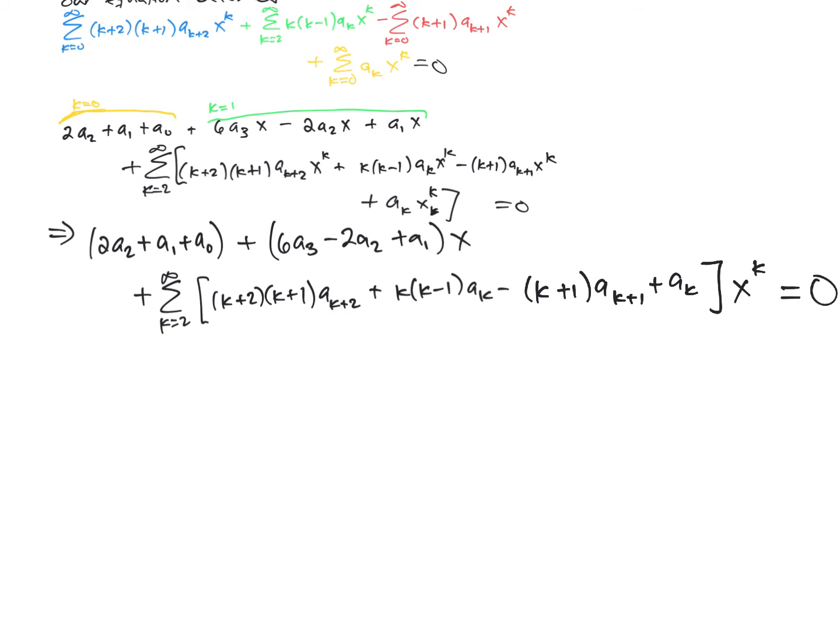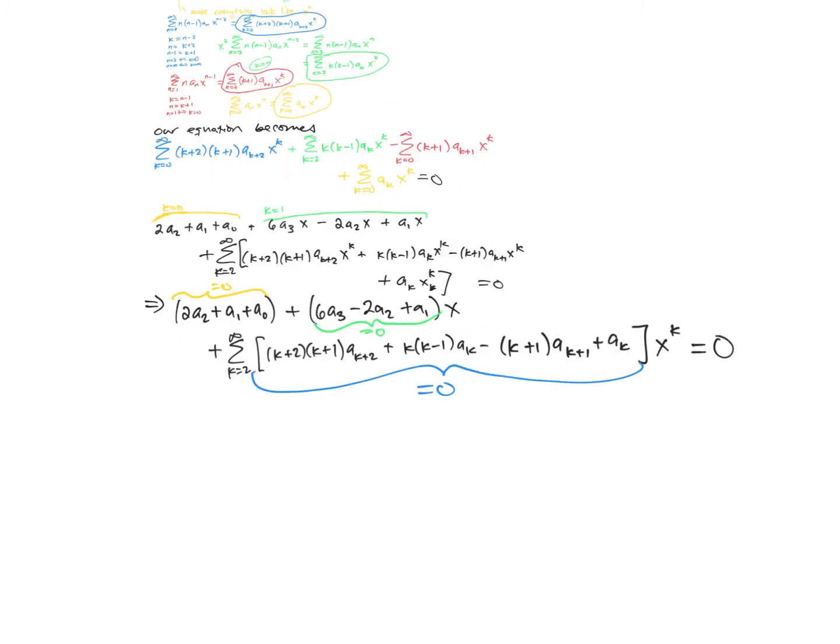So that means that we can set all the coefficients equal to 0. So this equals 0. This equals 0. And all the stuff in brackets equals 0. So that gives us the relations that we need to figure out what the a's are.